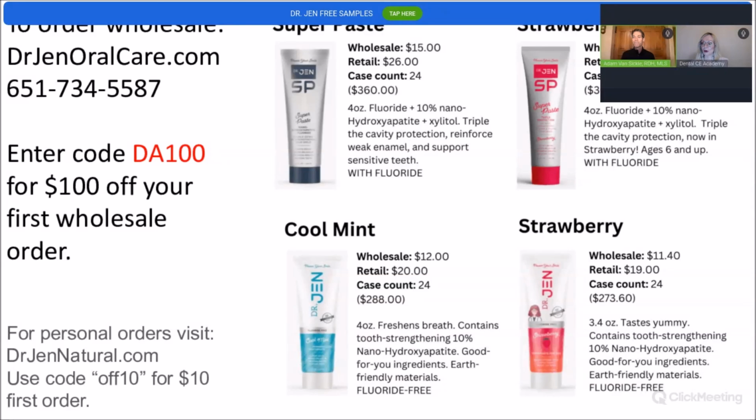Question here with ClinPro or RemPro, I recommend that a patient rinse with baking soda rinse prior to or include baking soda with the toothpaste when brushing to increase fluoride uptake. Is this necessary with Dr. Jen's toothpaste? I'm not aware of that requirement. That's not something that I've seen any research on.